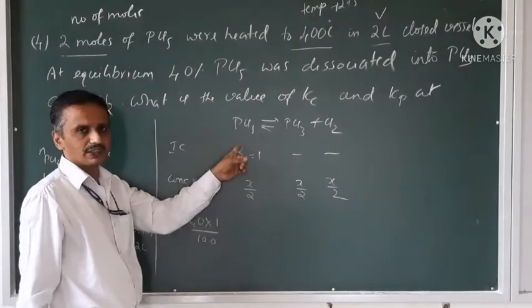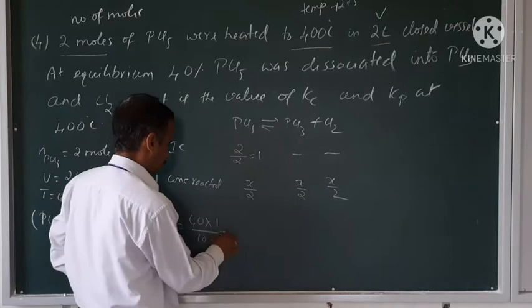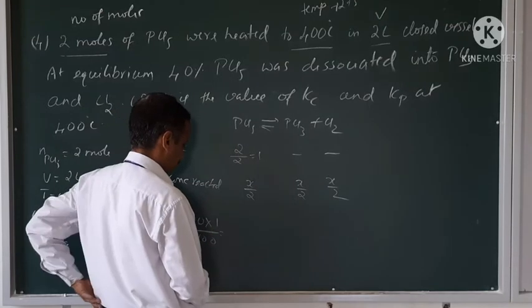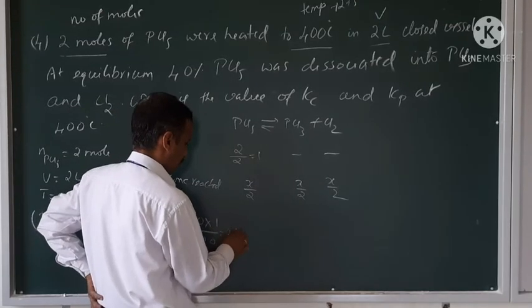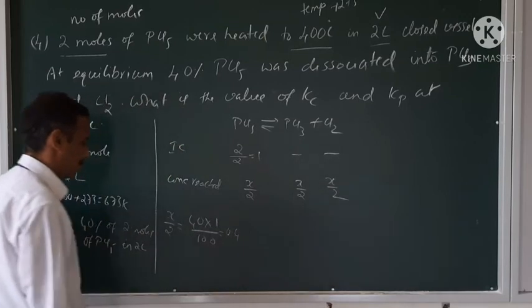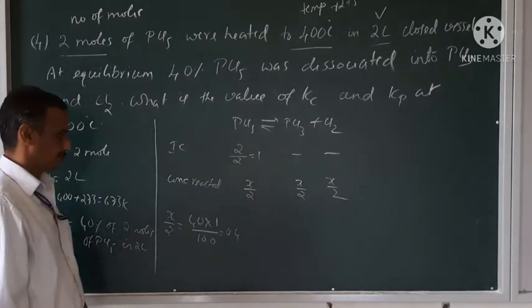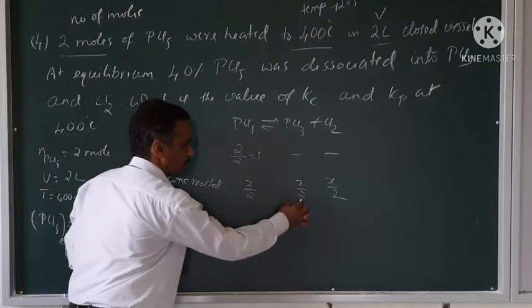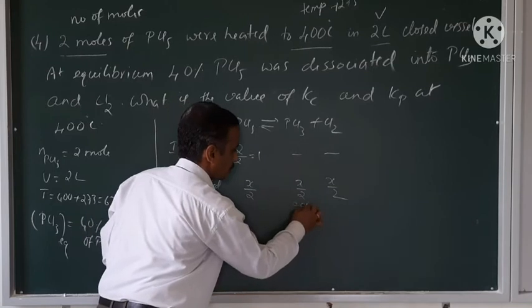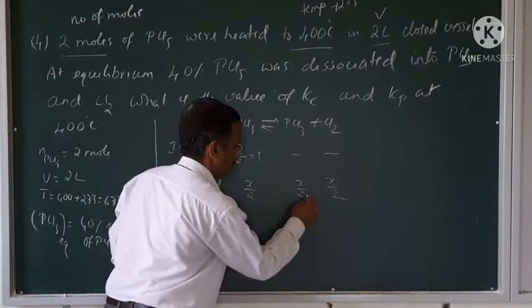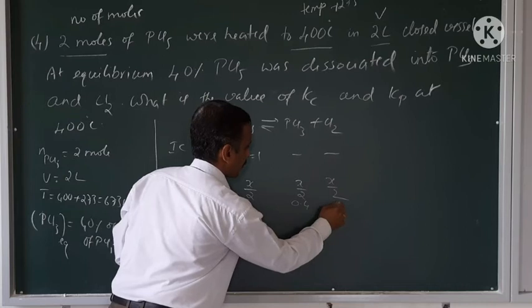It is 40% of the PCl5. So x by 2 is equal to 0.4. x by 2 is 0.4. So this is 0.4. This is also 0.4.